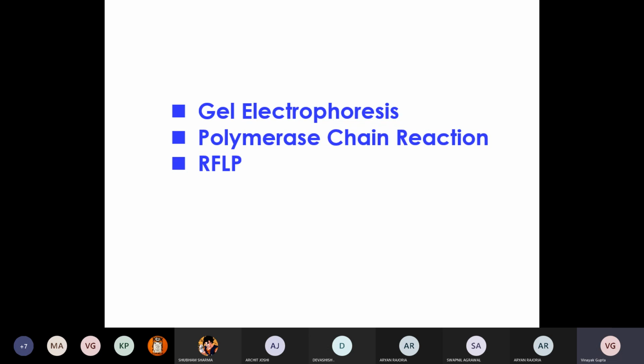Once we are done with the genomic DNA isolation, there are two things which we have to do.